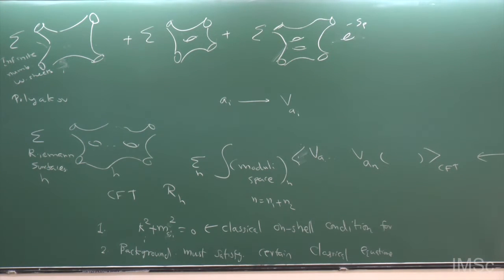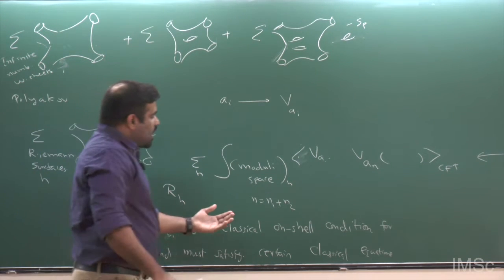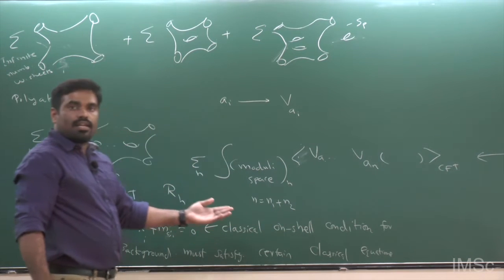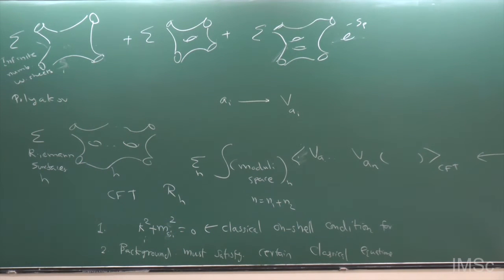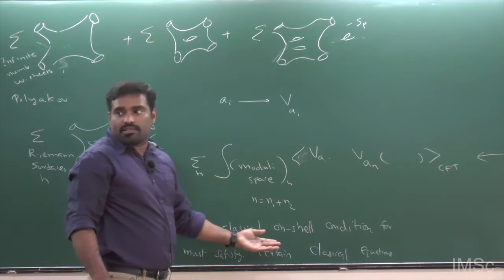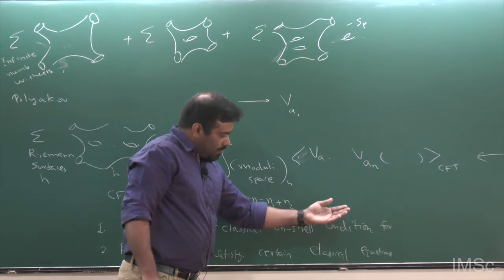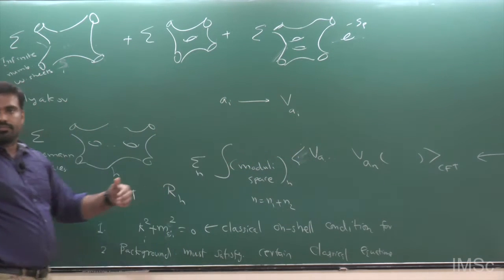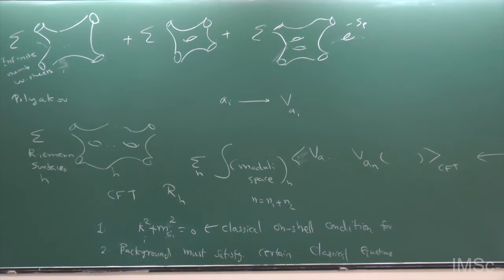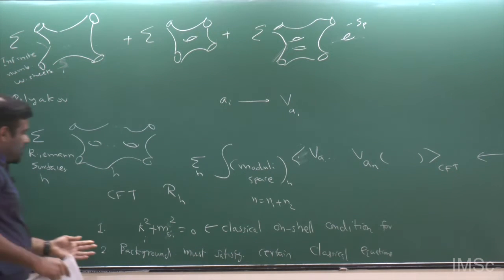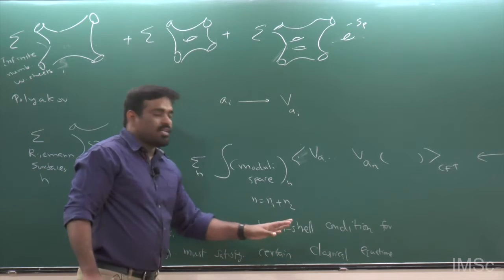So we say that you can start with strings and demand that the theory has Lorentz invariance, and that naturally leads us to a particular background spacetime, and that condition can be thought of as a certain classical equation. But when you start doing perturbation theory, you still have to demand that the background must satisfy certain classical equations.